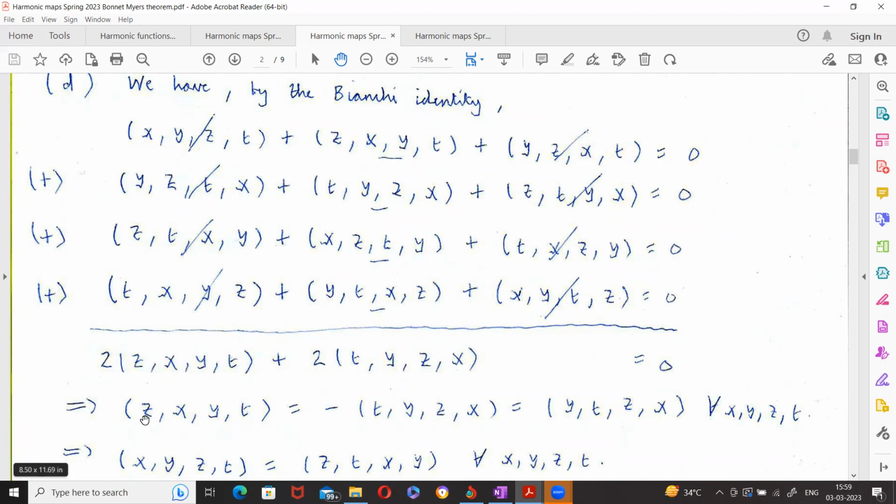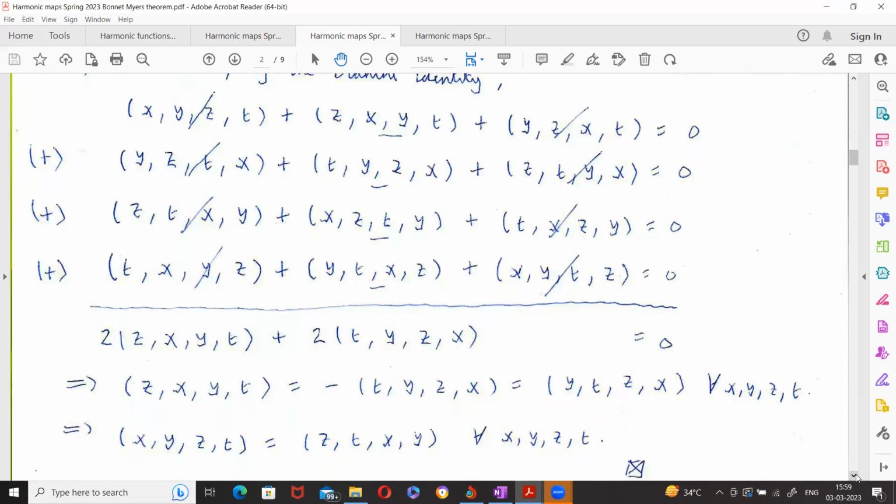So you take this term to the other side, and then you use that minus [T,Y,Z,X] becomes [Y,T,Z,X]. And so you get [Z,X,Y,T] is the same as [Y,T,Z,X]. That means if I interchange the first 2 with the last 2, then this inner product doesn't change. And so that gives me what I want: [X,Y,Z,T] is [Z,T,X,Y].